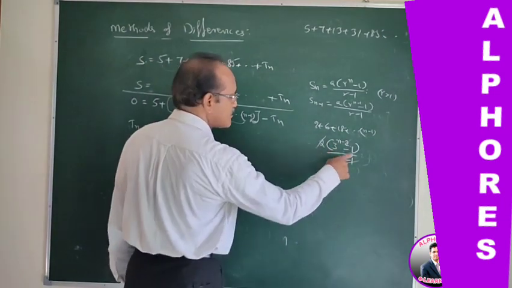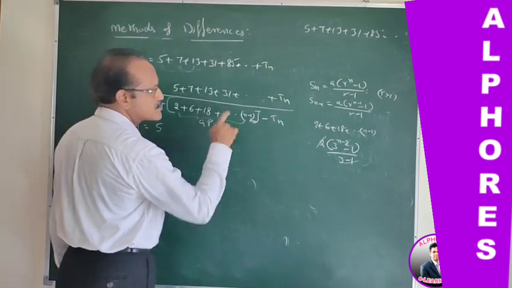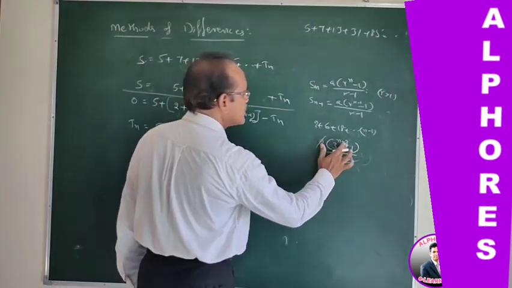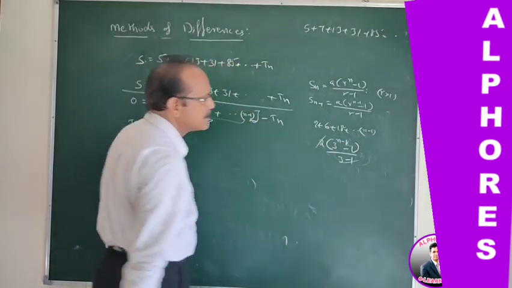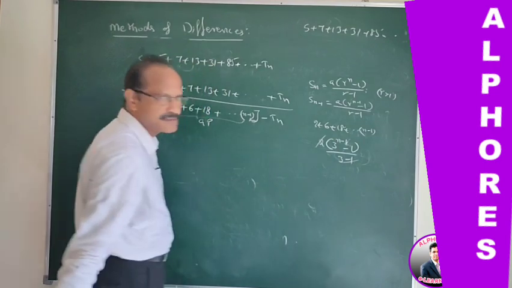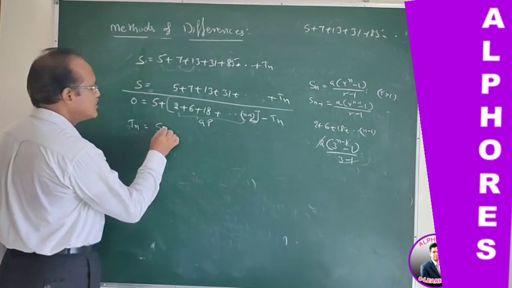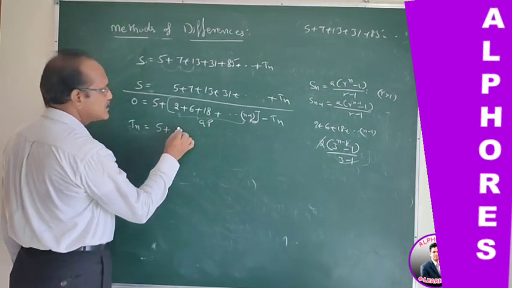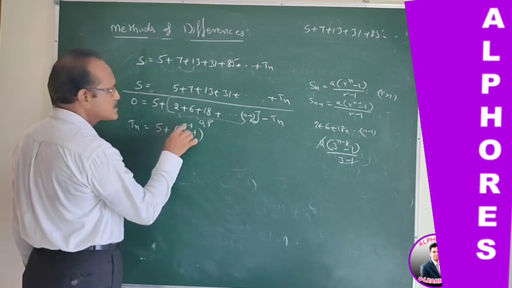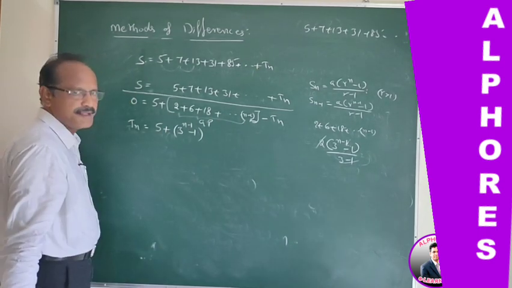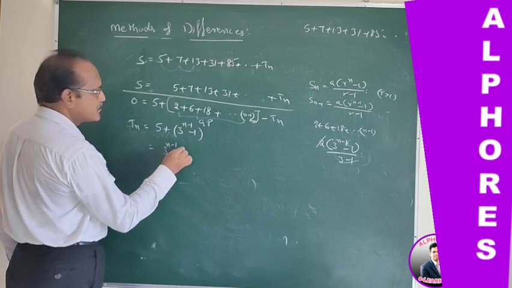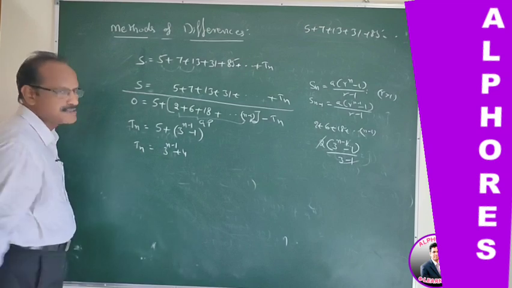So this is the value of the sum of these n minus 1 terms, where r power n means 3 power n minus 1. Now applying plus 5, I am writing the same result: 3 power n minus 1 minus 1 plus 4 is the nth term.